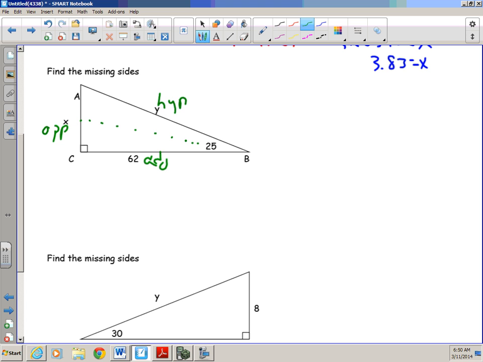So my recommendation, you do tangent of 25 equals x over 62. So it's 62 times tan of 25 is equal to x. And I get that to be 28.91.